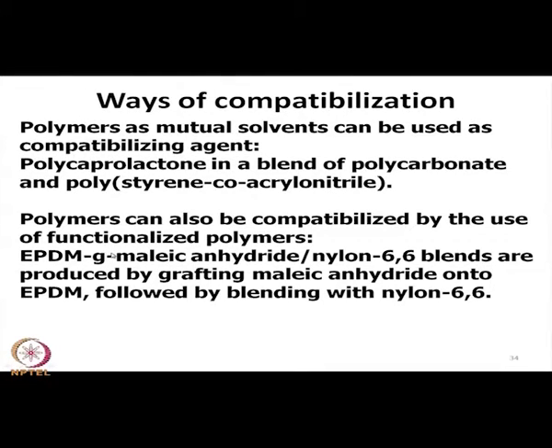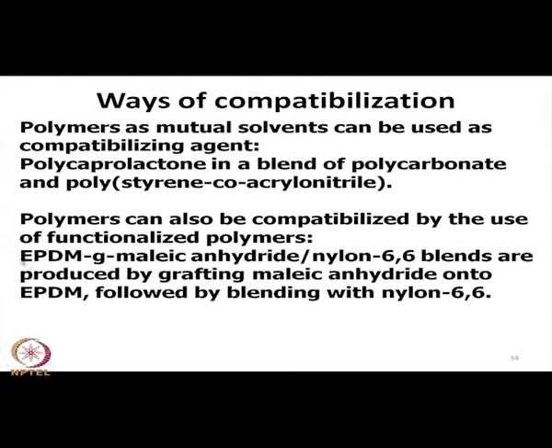Another example of such polymers acting as compatibilizer is EPDM, ethylene propylene diene polymer, which is a rubber. When maleic anhydride is grafted on EPDM, that can be easily blended with nylon 6,6 polymer, and this happens due to the grafting of maleic anhydride on EPDM.